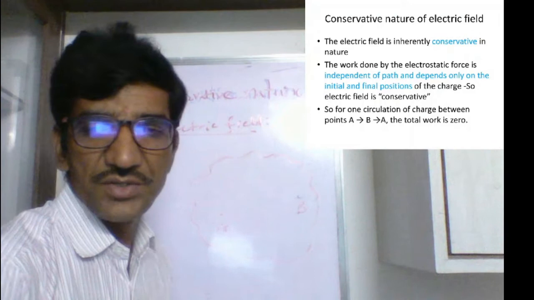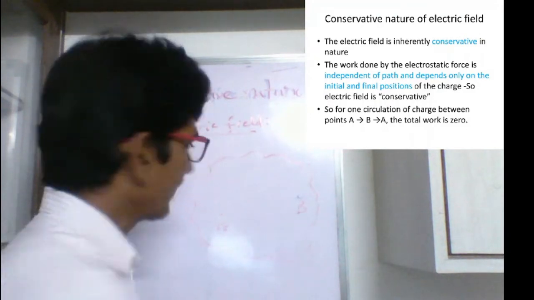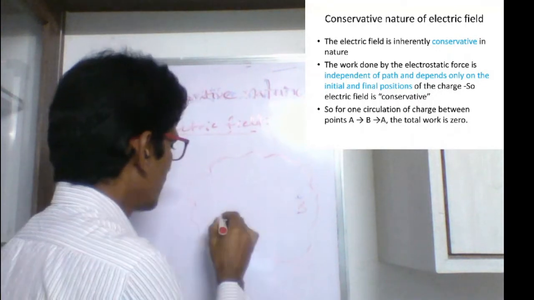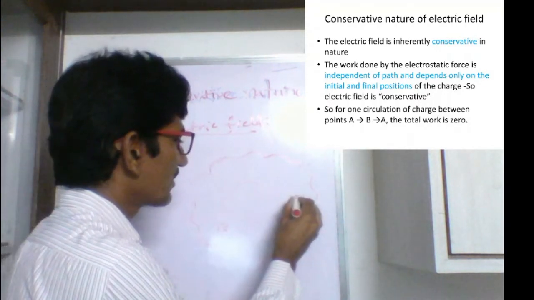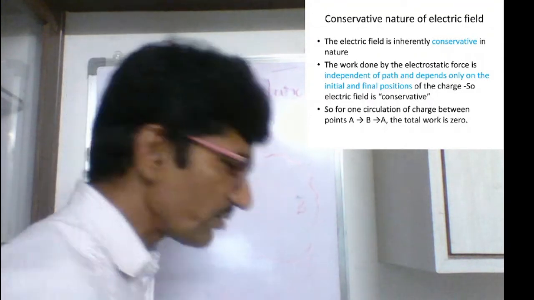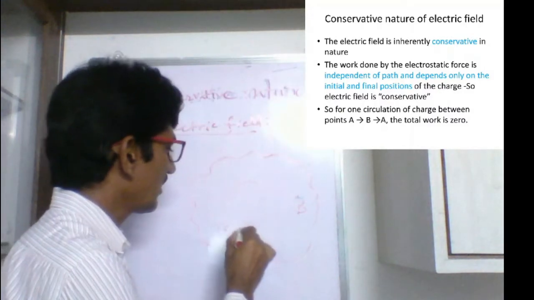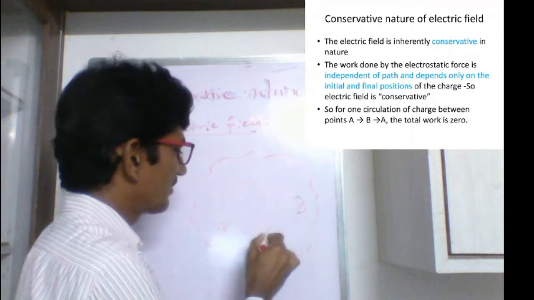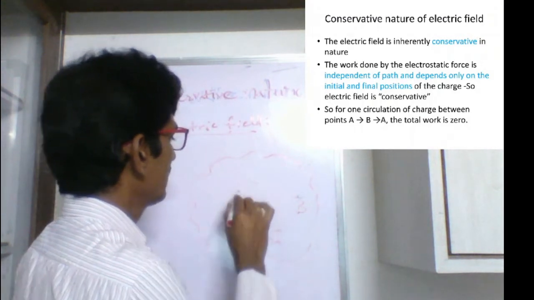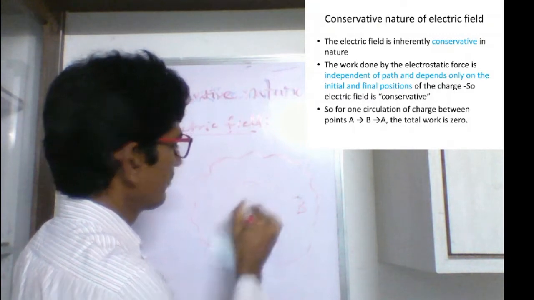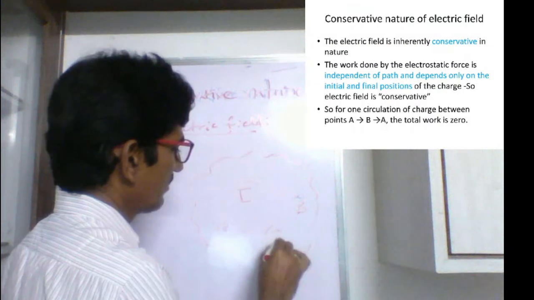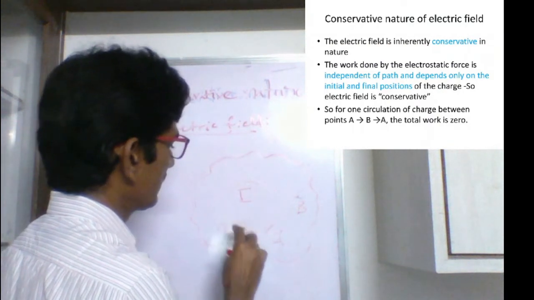You may take the charge along this path, and you may take the particle along some different path. Say this is path 1, and this is path 2.